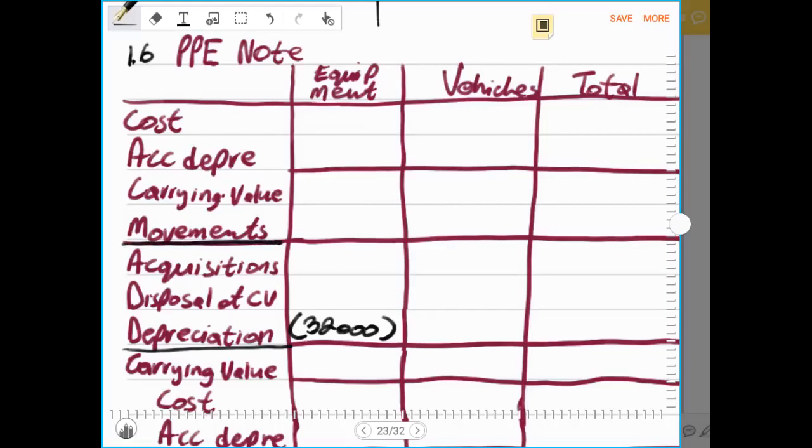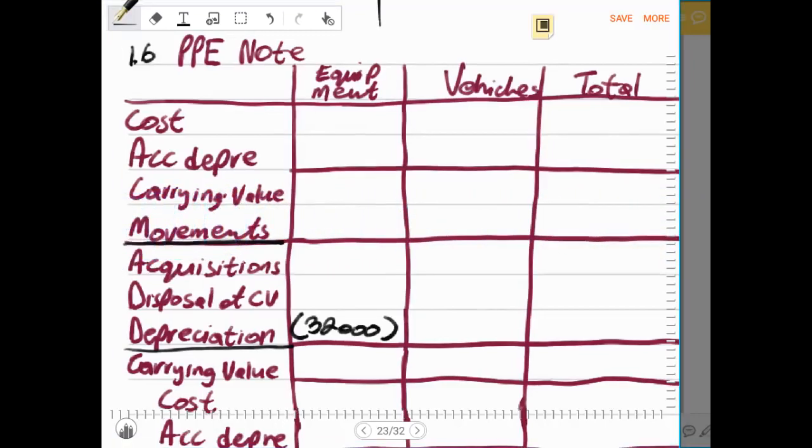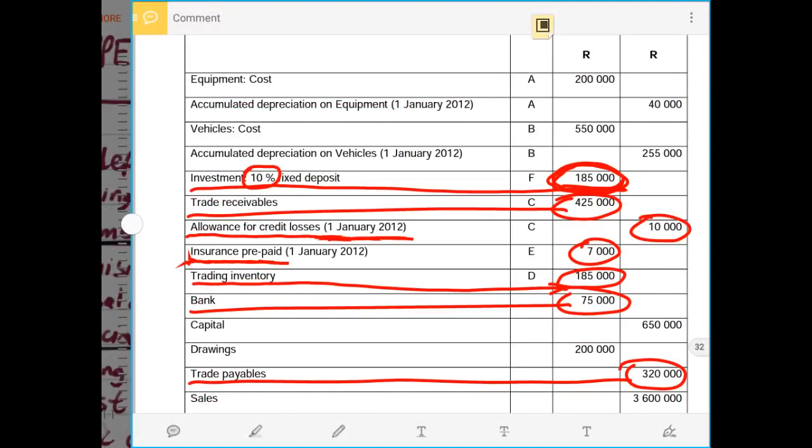Movements are all the transactions that occur during the year with regard to depreciation, the disposal of the asset, and the buying of the asset. So now we have recorded the depreciation that was required in the income statement and in the property, plant and equipment note.